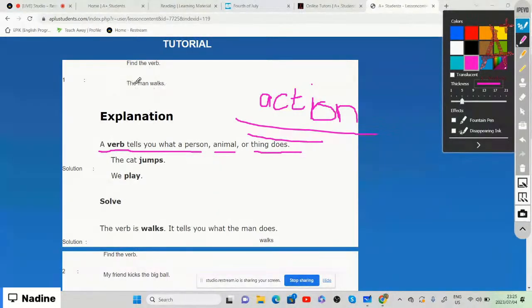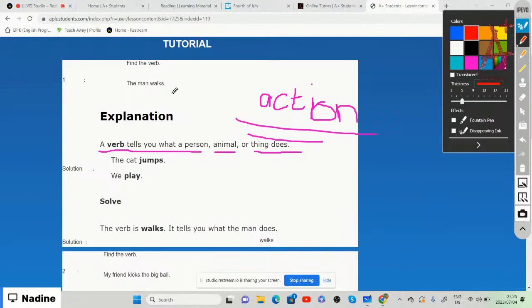We need to choose the correct verb within that sentence. What is whoever doing? So the man walks. What is the verb within this sentence? The man walks. So we need to find the verb.